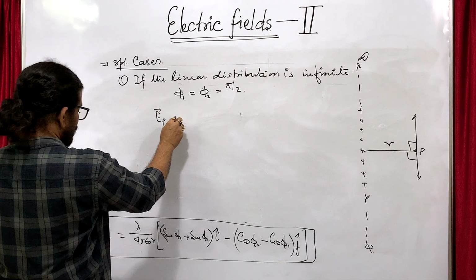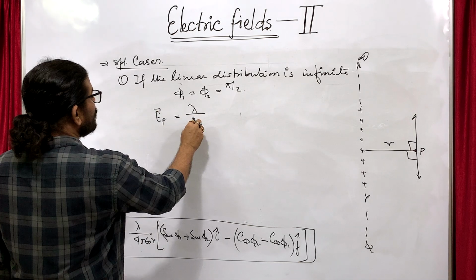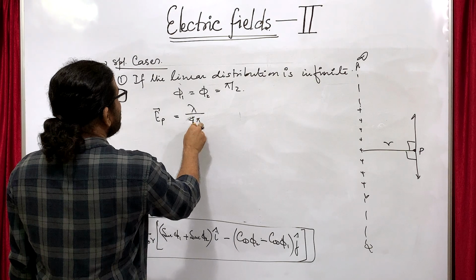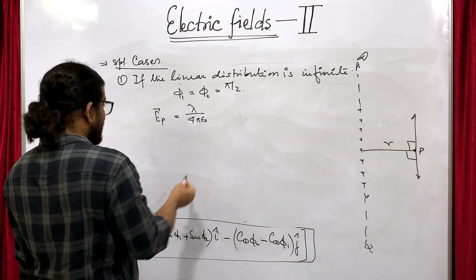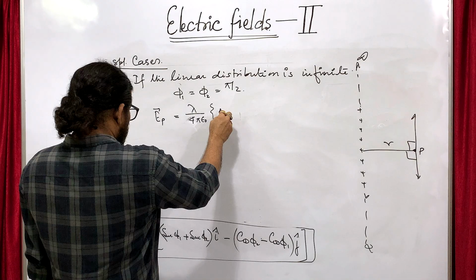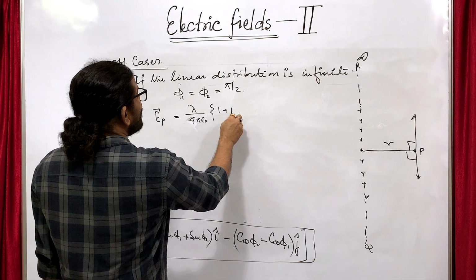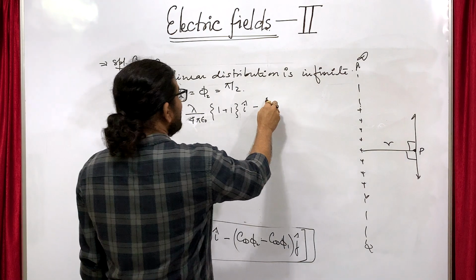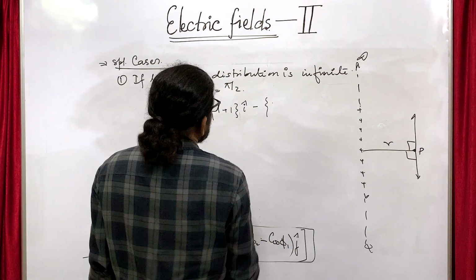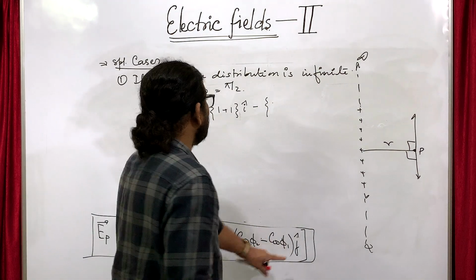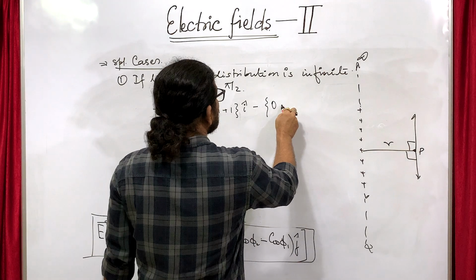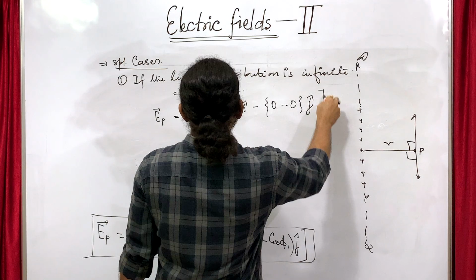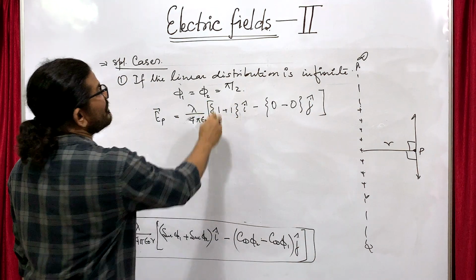If you are taking this, then see, EP will be equal to lambda upon, not 2 pi, it is 4 pi epsilon naught into 1 plus 1 into I cap, and minus, see here, cos 90 is 0 and it is also 0. So it is 0 minus 0 into 0, no need to write, even then I have written it.